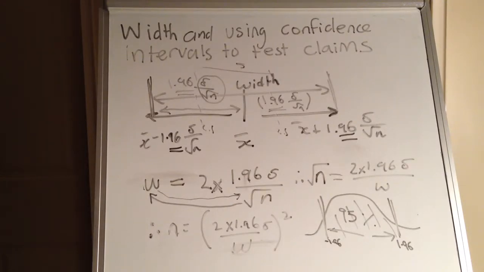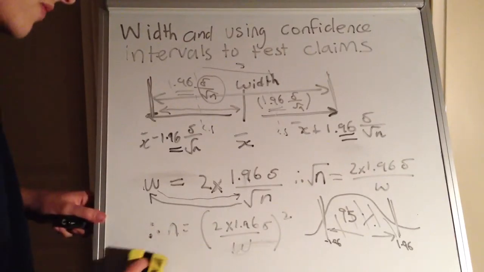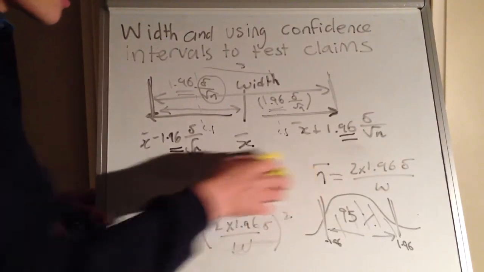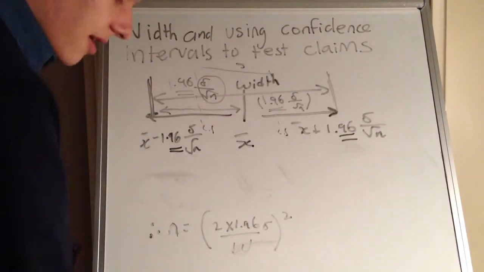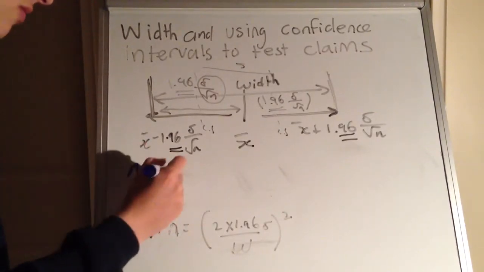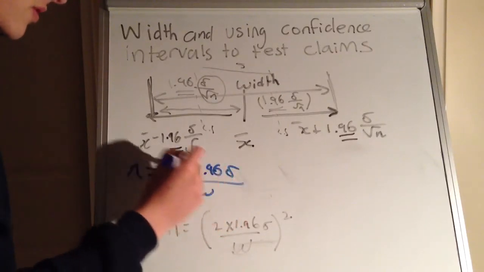So I'm going to read out the full question, and we're going to go through this on the board. And again, we're going to be using that N formula that I just showed you how to derive through that very brief derivation. So I'm probably going to choose a nice new colour. We have N equals (2 times 1.96 sigma over W) squared.